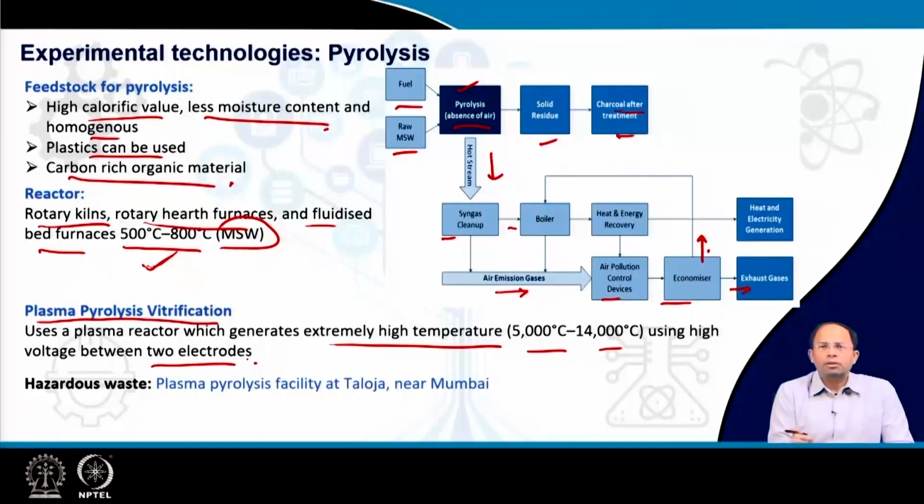The waste is converted to elemental particles, and more or less all hazardous materials are destroyed. So this process is good for hazardous waste as well. For exactly that purpose, handling hazardous waste, a plasma pyrolysis facility has been set up in Taloja near Mumbai.